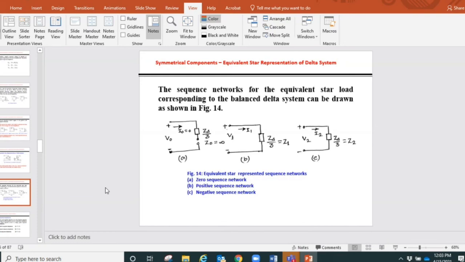And what will happen in each cycle? Just imagine the sine wave of the voltage that we are talking about. There will be 2 zeros.